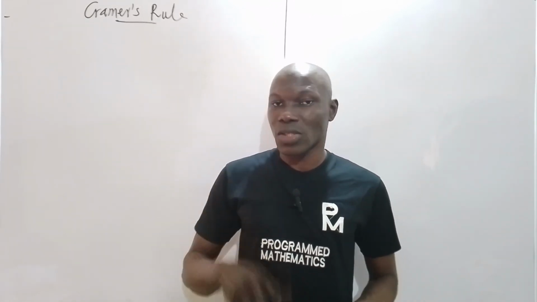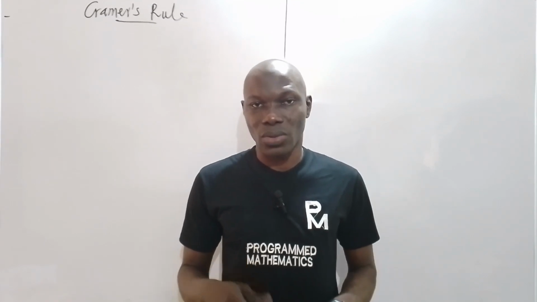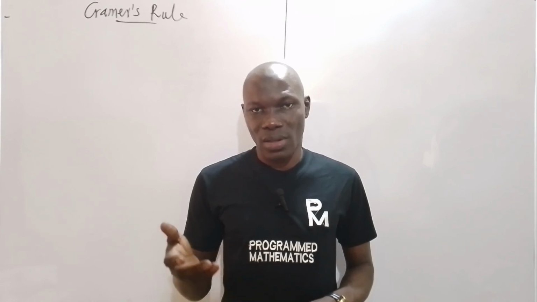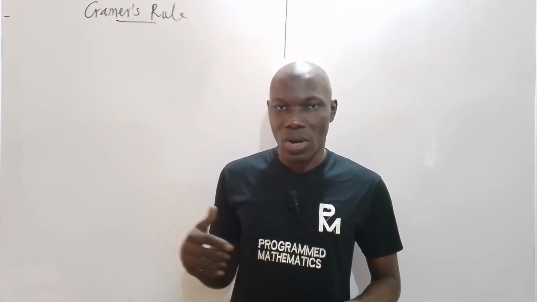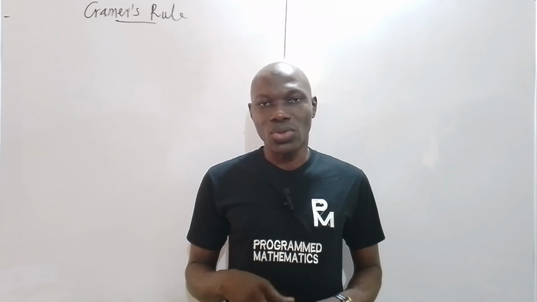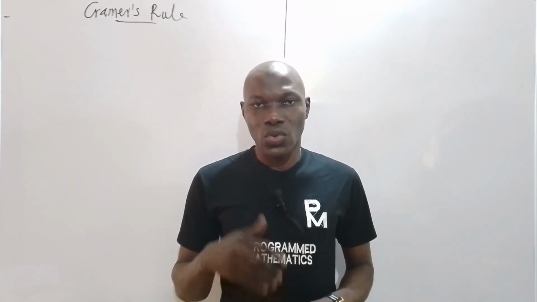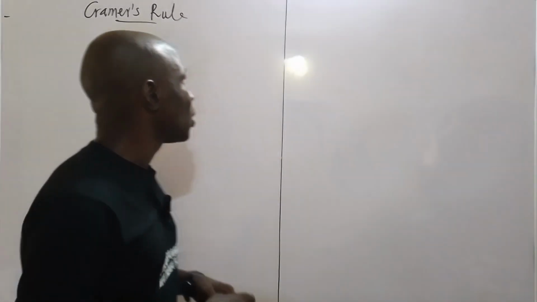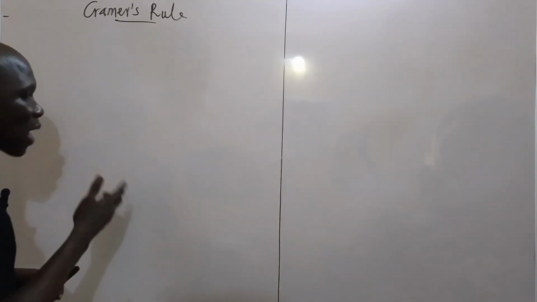In the last video, I explained the use of the matrix method to solve problems of simultaneous equations in both 2 variables and in 3 variables. So in this video, I will be explaining how to use Cramer's rule to solve problems of simultaneous equations. Now, Cramer's rule is also part of matrix.